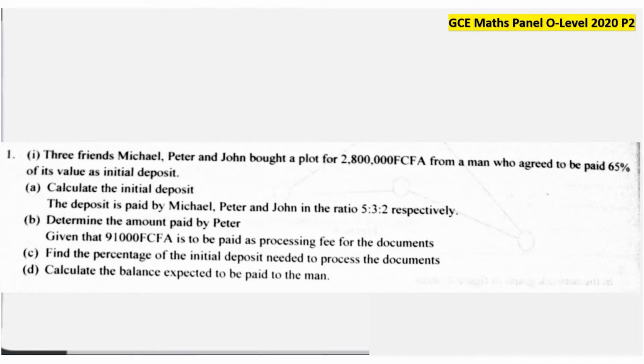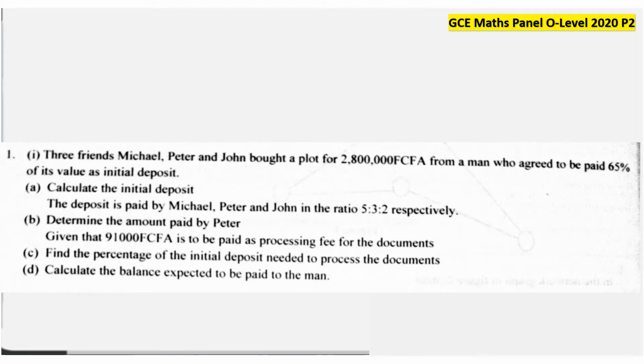So the first thing to calculate here is the initial deposit. From the question, we are being told that this man requires 65%, and the amount to be paid in total is 2.8 million.